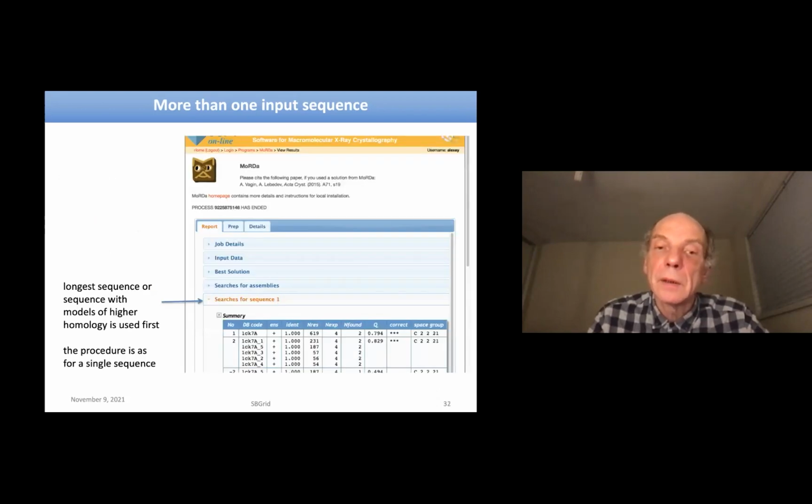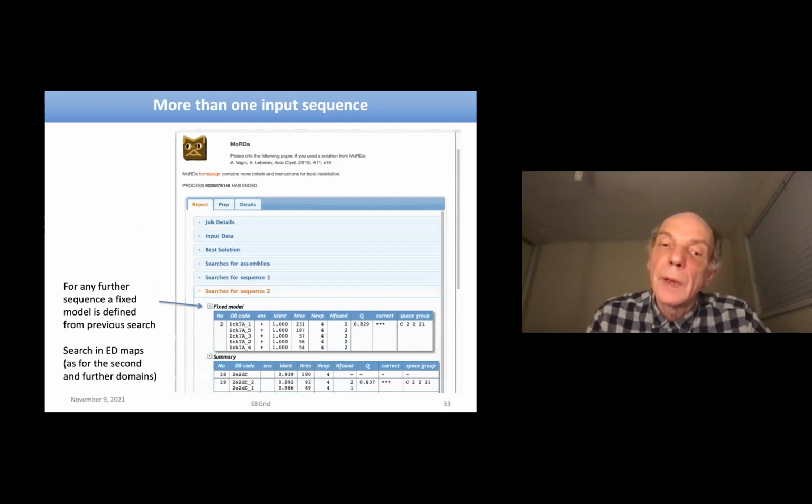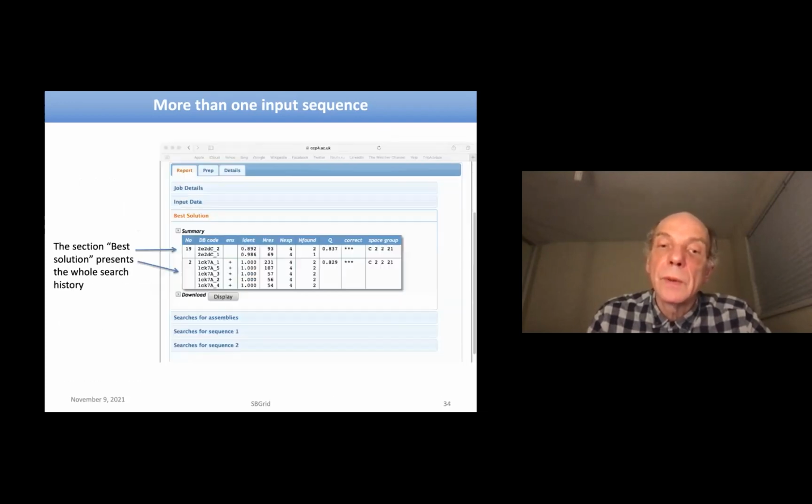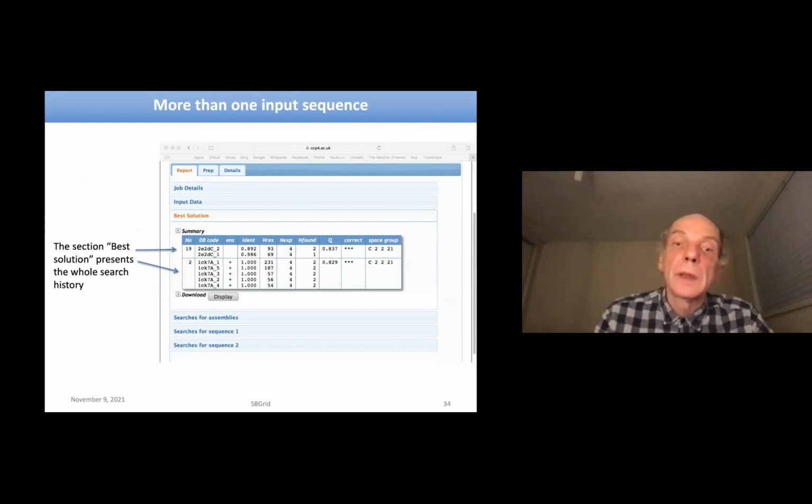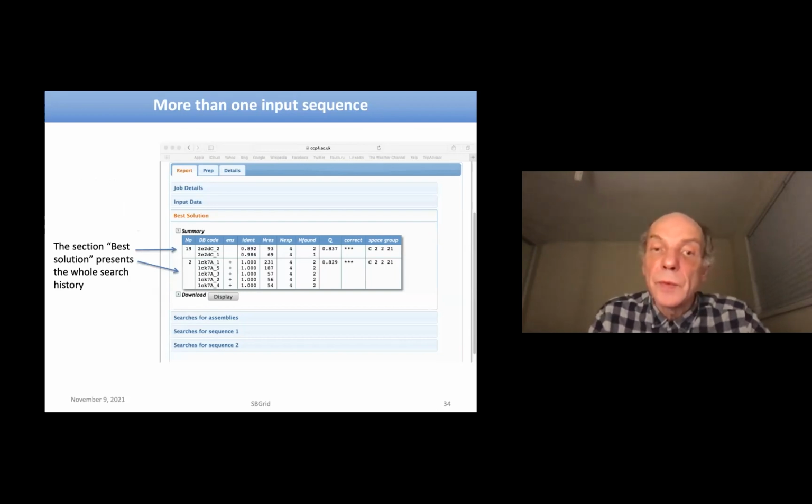The search for sequence 1 would look the same as in the case of a single sequence, same for sequence 2, and we would have a best solution section displaying the history of the search of the best solution that has been selected as output from MoRDa.